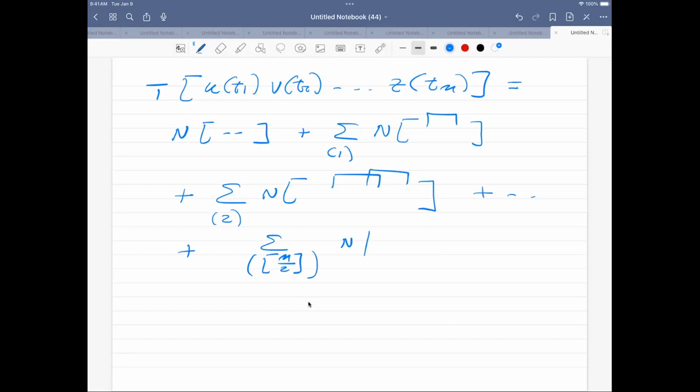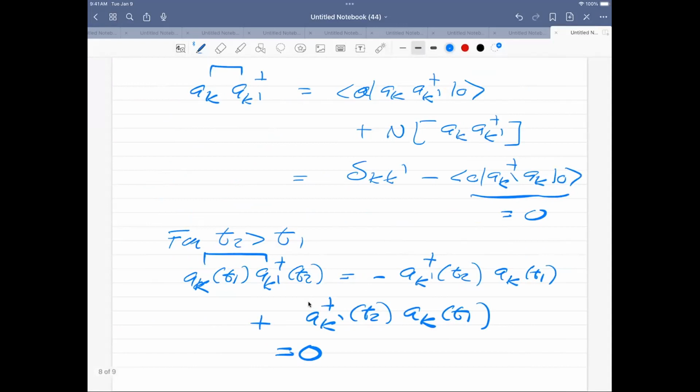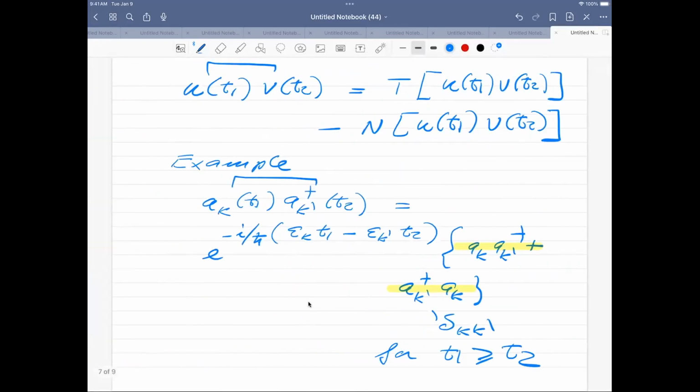So this would be an N, and then it has all possible contractions, etc. here. So this would be all the possible contractions which we can set up. And if we look at the case with 2 operators, which you saw here, we have showed it for 2 operators. So at the end, we are just going to get the same type of expression which we had before.